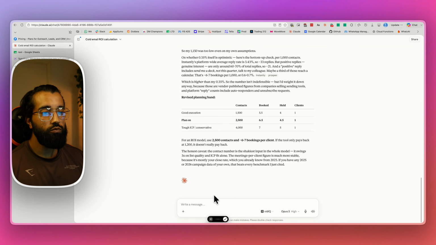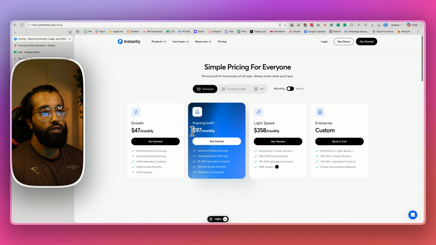All right, let's calculate the return on investment now. So we're going to use Instantly, which is $100 per month for their hyper growth plan. This gives us 25,000 contacts, which is more than enough. Gives us more than 100,000 emails per month, which is more than enough. But that's the cheap part.